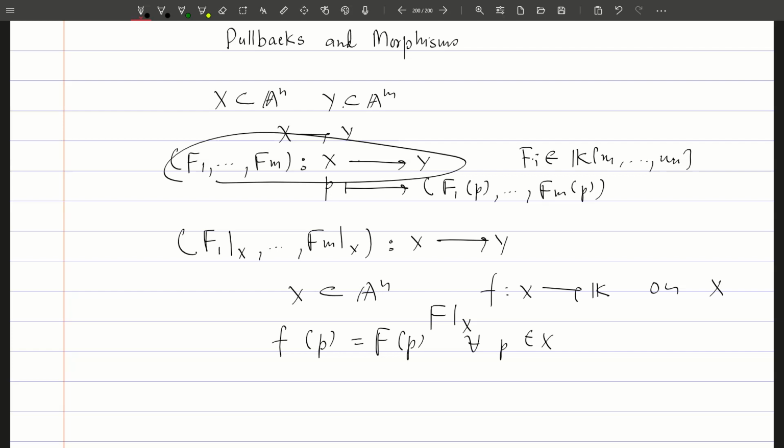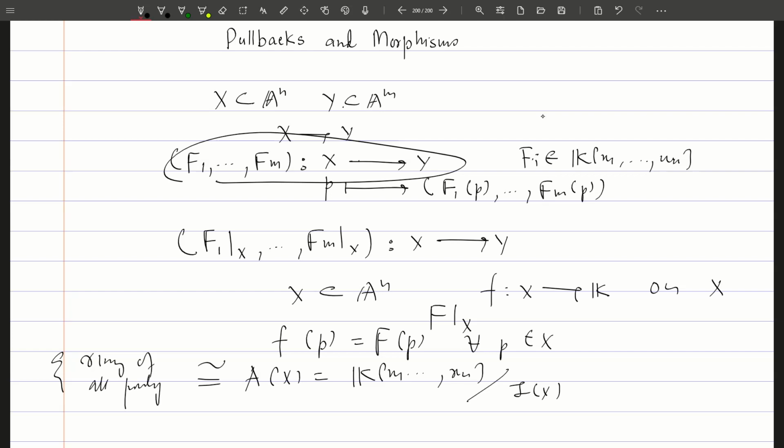Also, if we consider the set of all polynomial functions on X, that set forms a ring under pointwise addition and multiplication and is isomorphic to the ring A(X), which is the coordinate ring of X, that is k[x1, ..., xn] mod I(X), where I(X) is the ideal of X. So this is isomorphic to the ring of all polynomial functions on X.